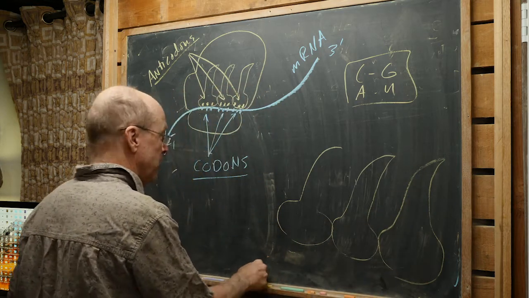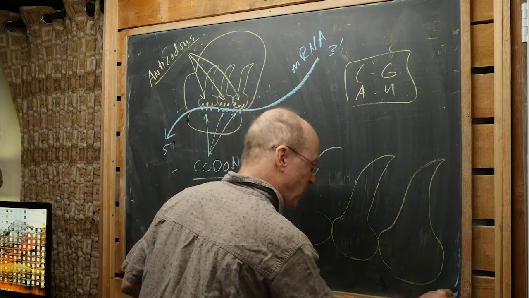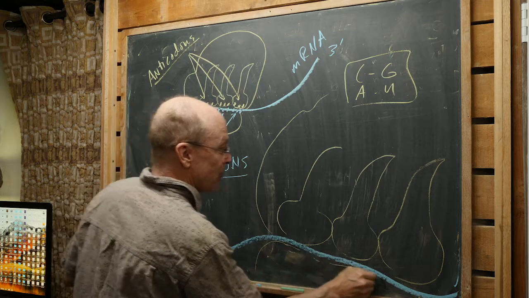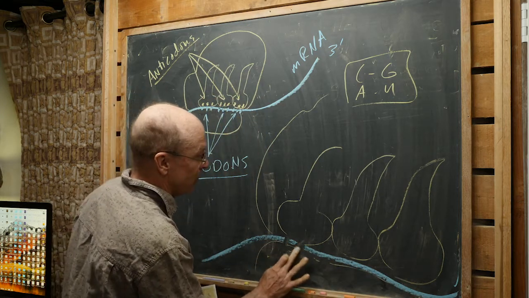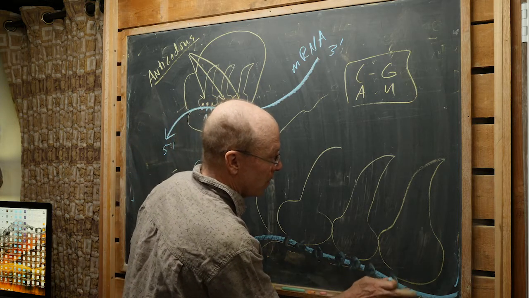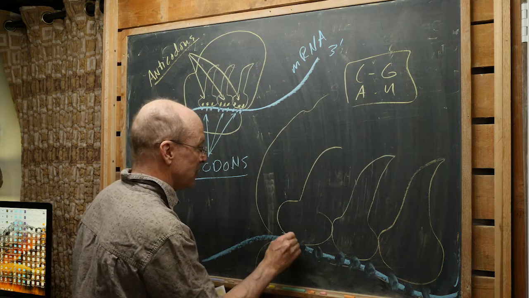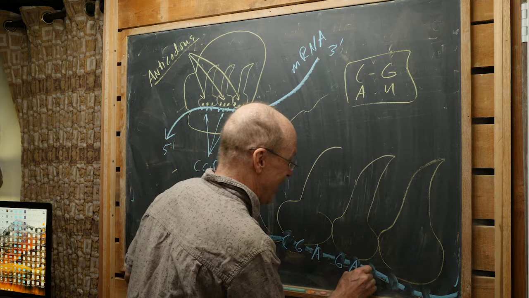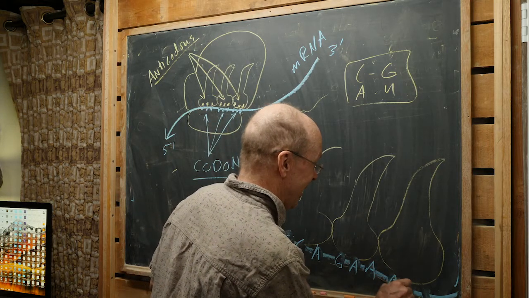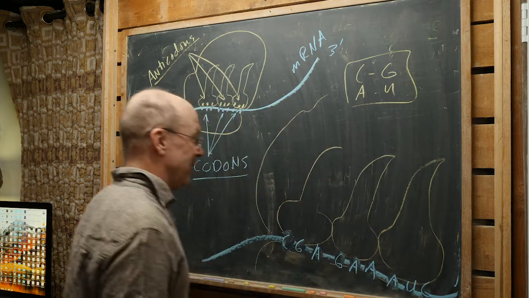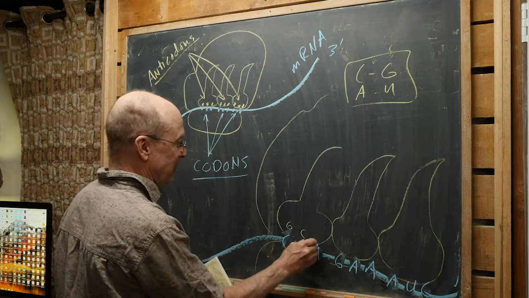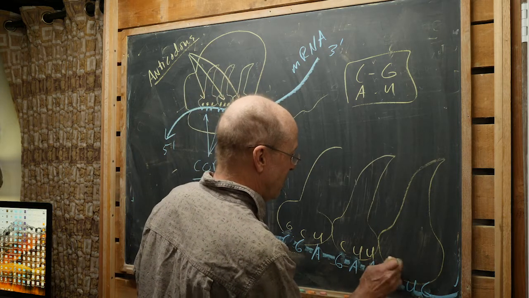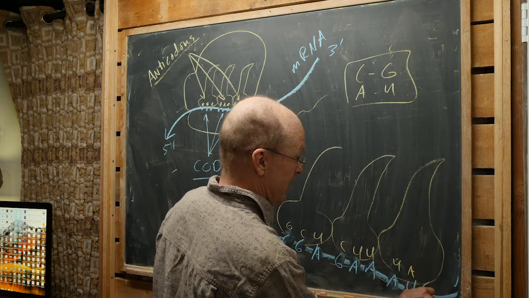So I've done a big blow up here, and the whole thing is lined up here, and we're going to say that, okay, here's a C, here's a G, here's an A, here's a G, here's an A, here's an A, here's a U and a G. So on the complementary to that, G, C, U, C, U, U, and a G, oops, go with U, and then A, and then C.